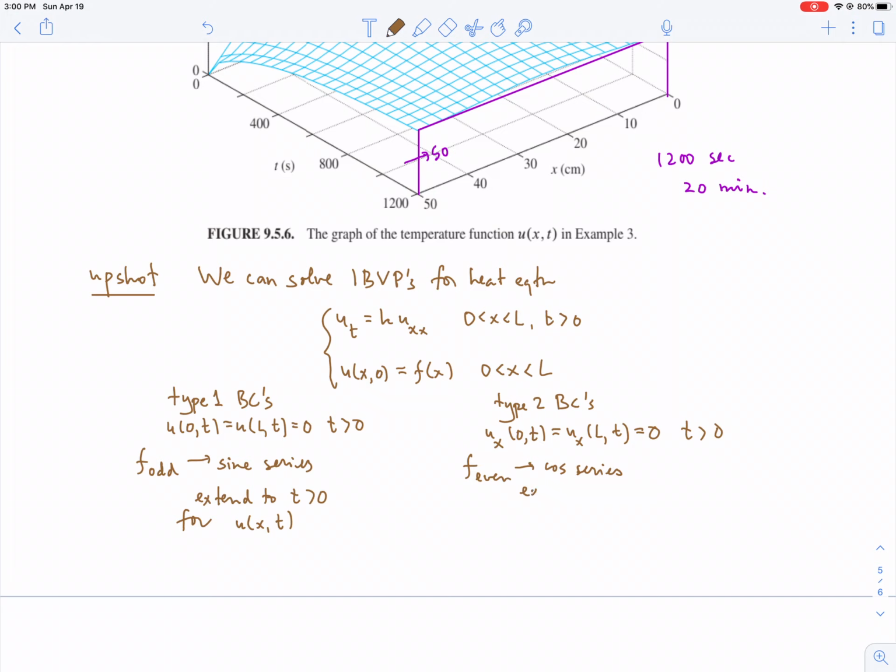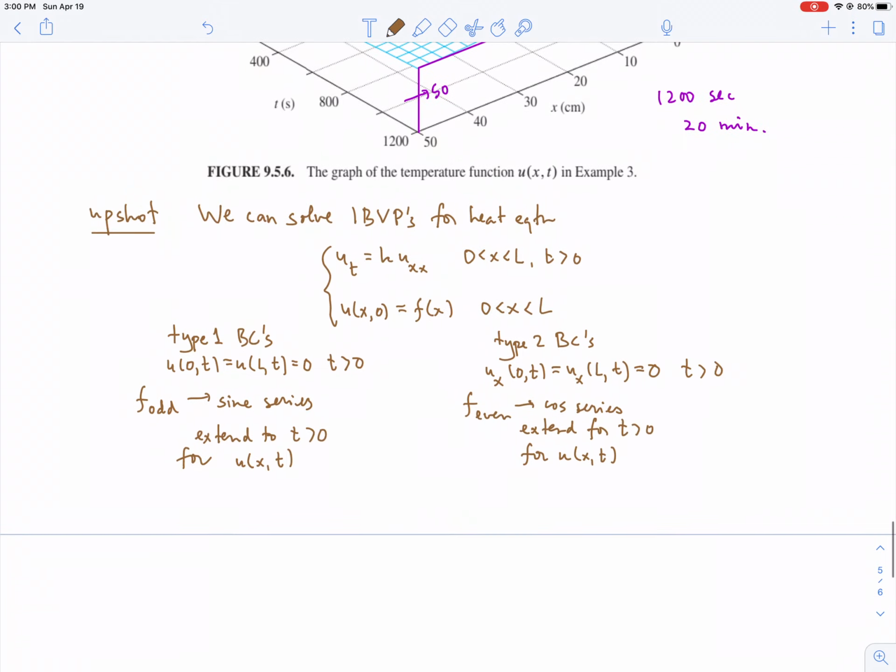And then we extend using the e to the minus k blah blah blah t terms to get the solution u of x,t. Okay, and now let's go watch movies for each of these two examples.